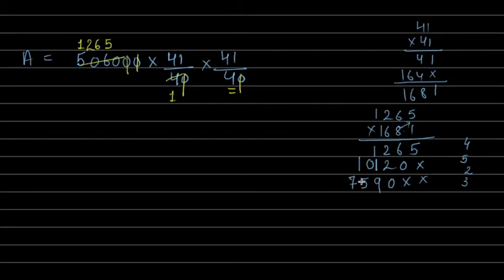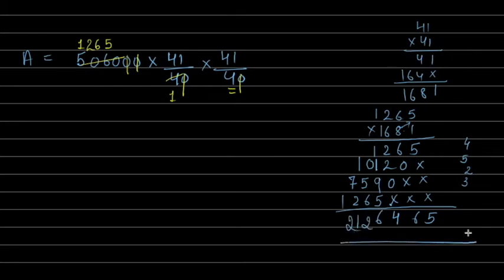Now add very carefully. So this is a very big number which you are getting here, 21,26,465, and we have to divide this number by 4.